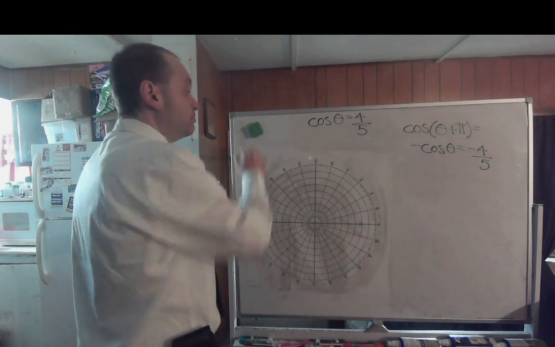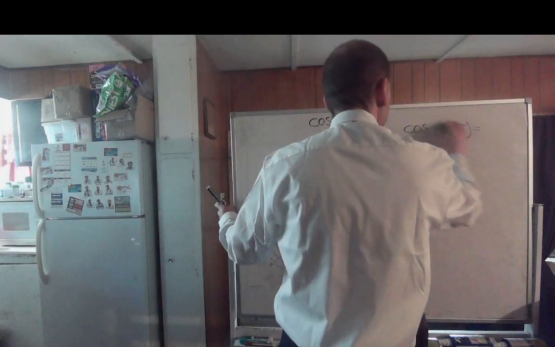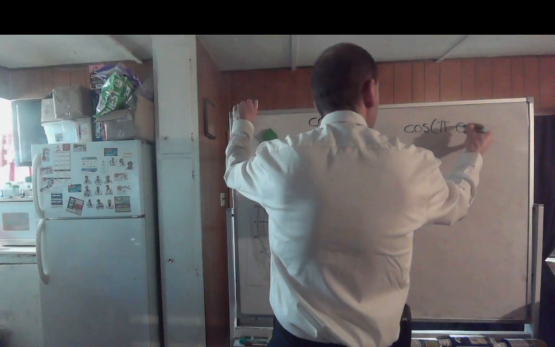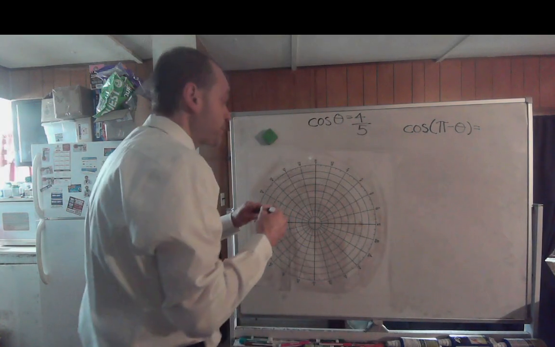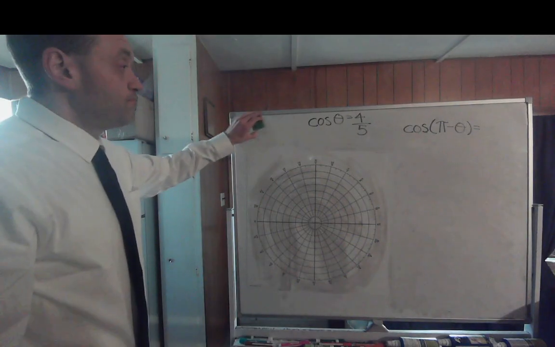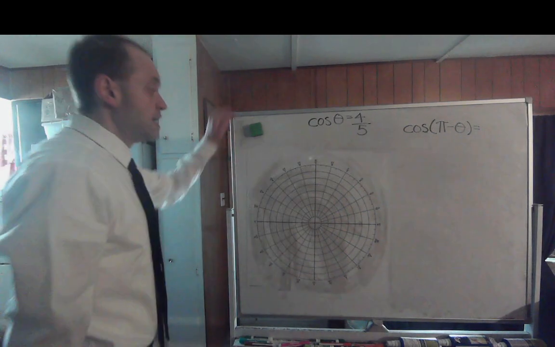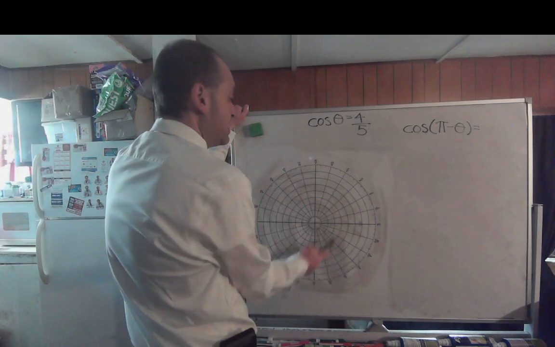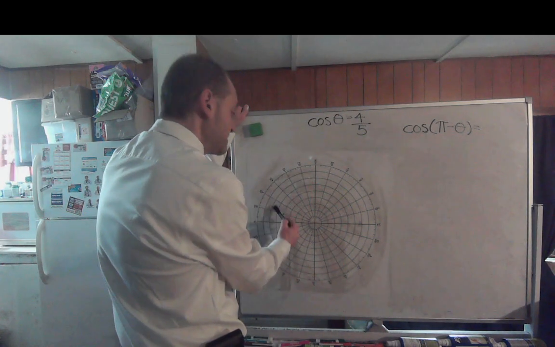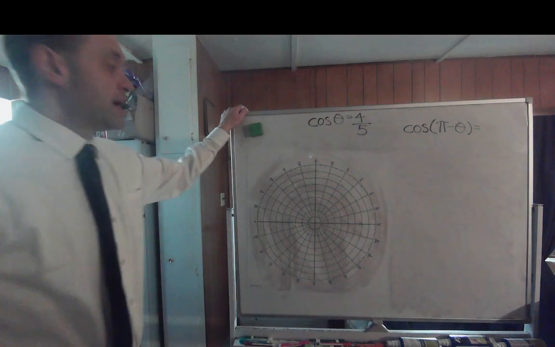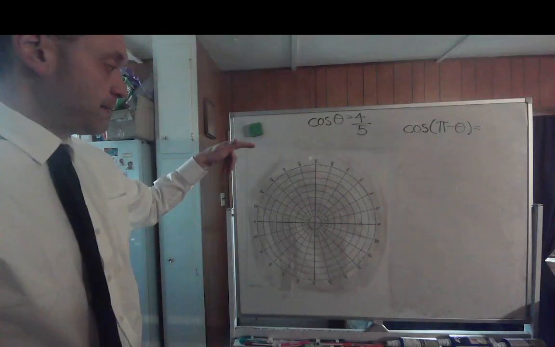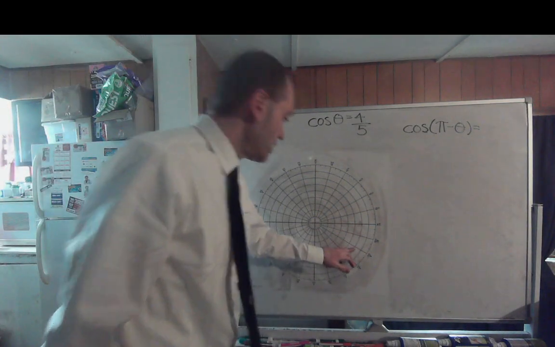Alright, now, what about one more here? Let's just do one more. You would have the cosine of pi minus theta. What the heck's going to happen there? So, the cosine is positive in the first quadrant. Well, if I take pi and I subtract a first quadrant angle, I get a second quadrant angle. Heck, let's say I'm even in the third quadrant, alright?